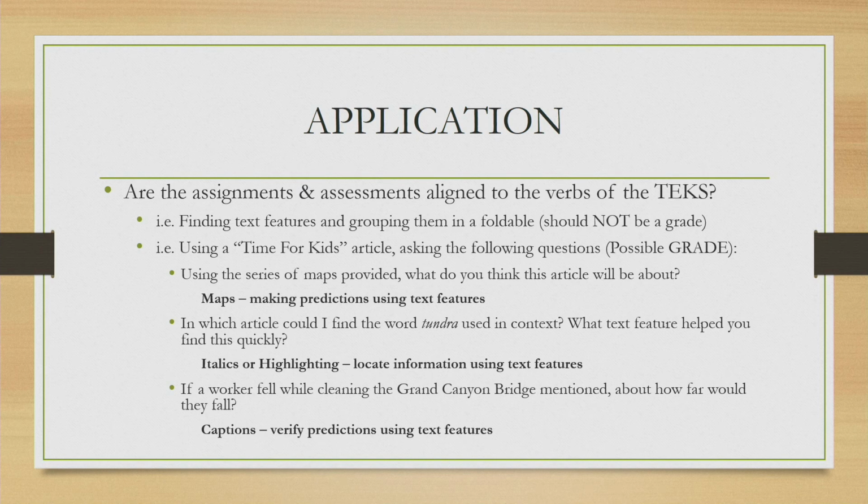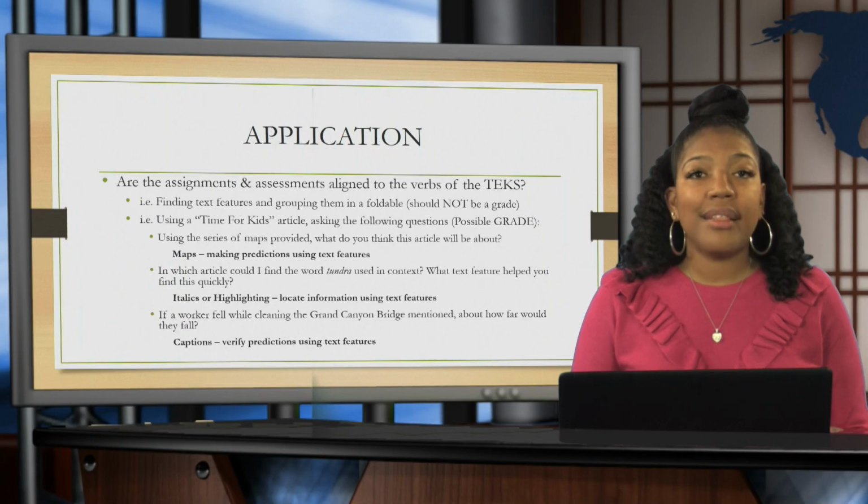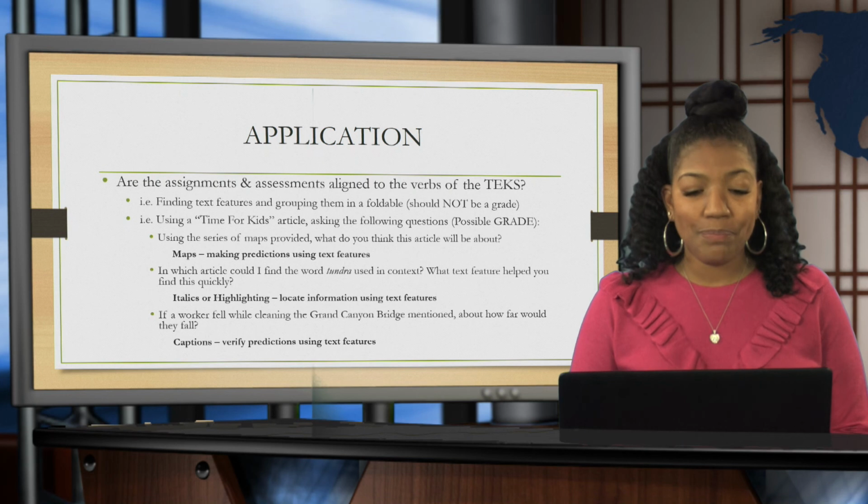Now the students have to look at the map and make predictions using that particular text feature. Or they could be looking in an article where they have to locate text features like italics and highlighting, so they're using that text feature to locate information. Or by looking at the pictures and reading the captions, they can verify predictions using the text features. All of those are ways that that one TEK could have been tested.